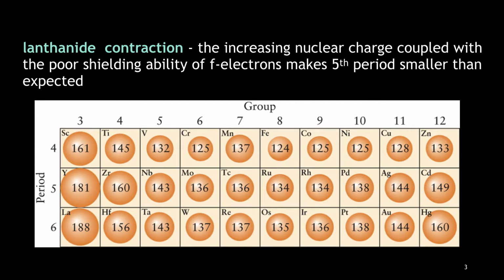Between elements lanthanum and hafnium is the first row of the f block. 14 protons and 14 electrons are being added. This addition increases the effective nuclear charge by a large amount between lanthanum and hafnium. This is why the 5th period and the 6th period are nearly identical in size, contrary to expectation.